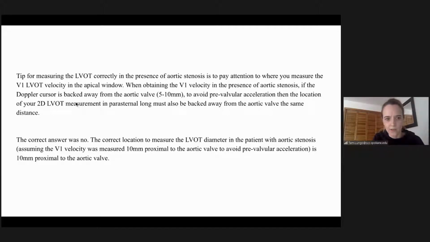So if the Doppler cursor's back 5 to 10 to avoid that pre-valvular acceleration like we were talking about earlier. So the answer is no. A normal healthy heart versus a stenotic valve, they're not going to be textbook measurements 0.5 or 5 millimeters before the valve.